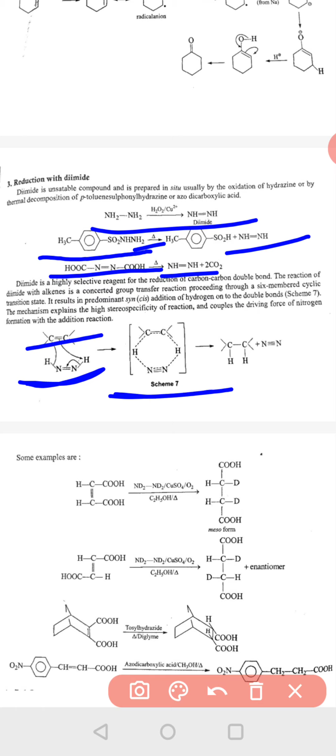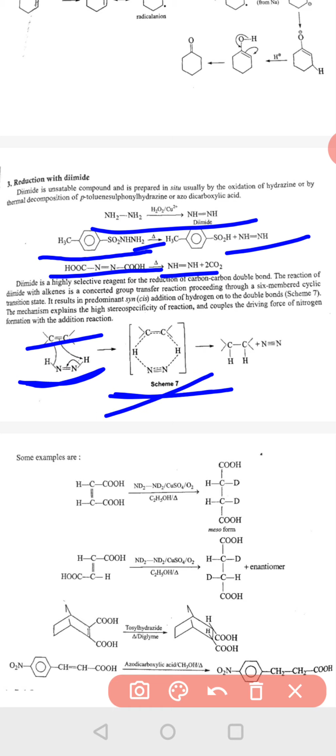It results in predominant syn, that is cis addition of hydrogen onto a double bond. The mechanism explains the high stereospecificity of the reaction.